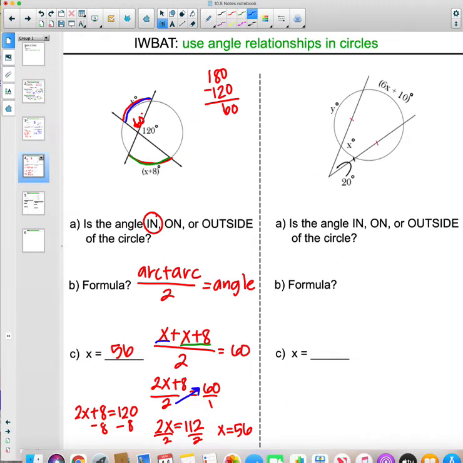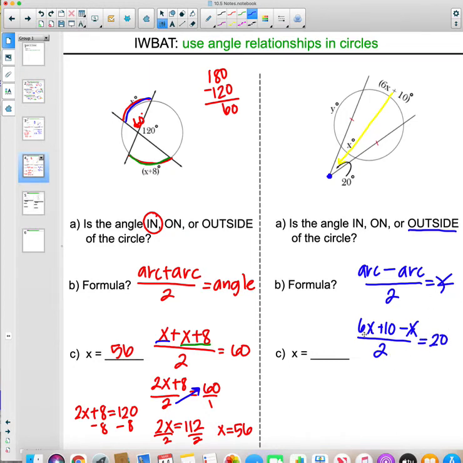Next one, inside, outside, or on. So we see an angle here formed outside of the circle. Remember, this formula is arc minus arc divided by 2 equals the angle. And remember, we subtract from the outside, or like away from the angle. So we start away from the angle going in. So this one is going to help us solve for x first. So the outside arc is 6x plus 10 minus the inside arc, which is x, divided by 2 equals 20.